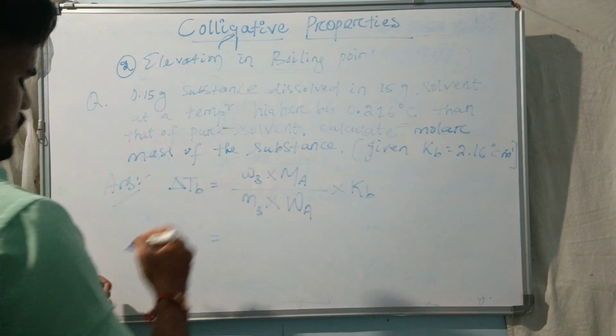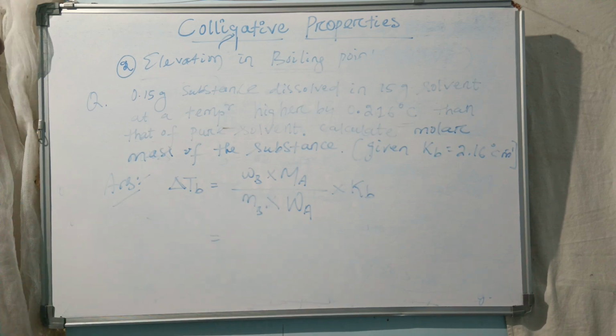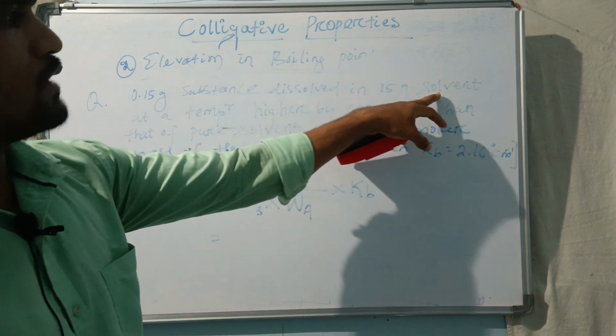WB is the mass of the solute. So what is the mass of the solute? 0.15 gram of substance is dissolved in 15 gram of solvent.